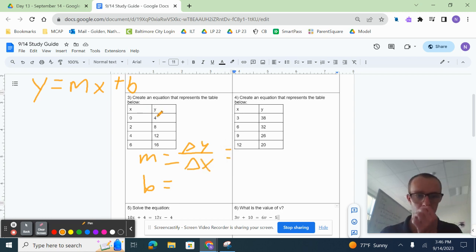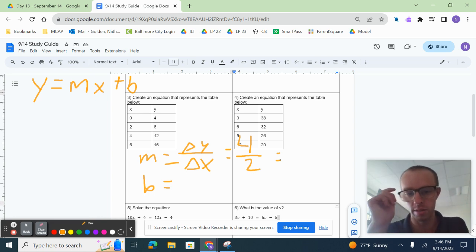I'm looking into the y column. How much are we changing each time? 4, 8, 12, 16. We're changing by 4 each time. And in the x column, we're changing by 2 each time. I can write this as a fraction, just using division: 4 divided by 2 is 2. So m is 2.